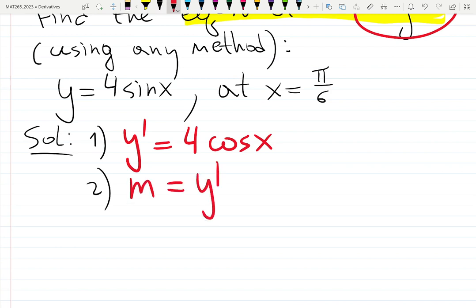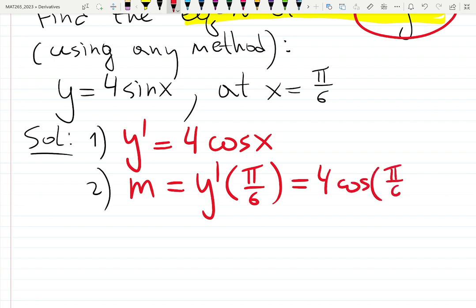Slope is the derivative at the given point. So I need to plug pi over 6 into it. 4 cosine of pi over 6. Cosine of pi over 6 equals root 3 by 2.